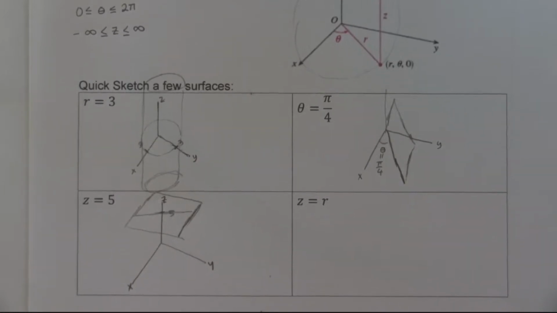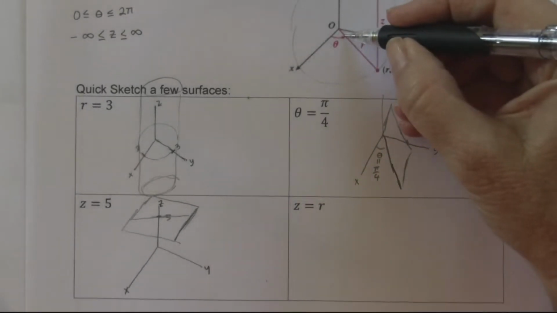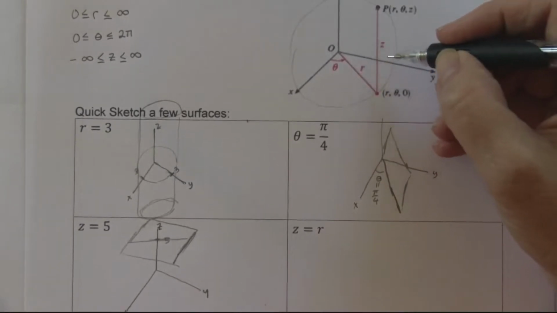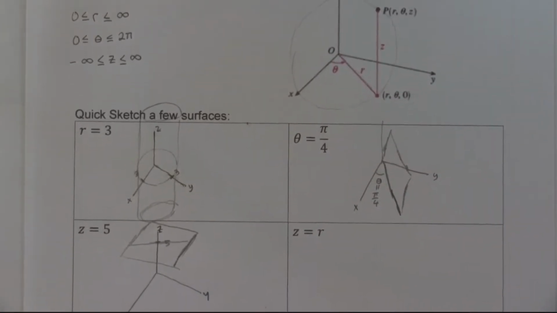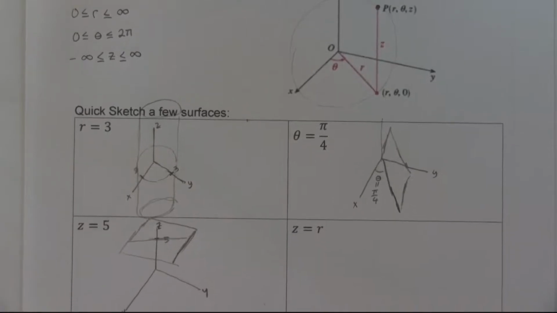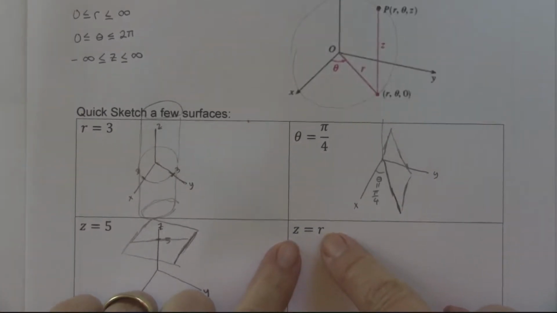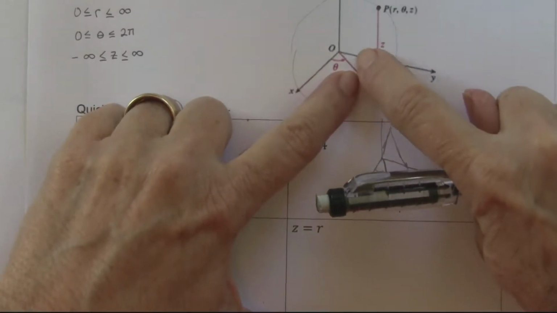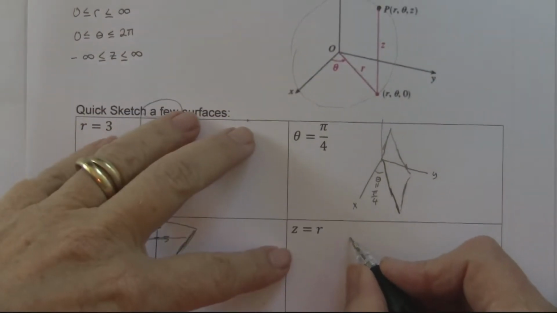z equals r, and so that means that z and r, so how far you are out and how far you go up, is exactly the same for every single point and every single theta. So theta can be anything. And so when these two have to be the same as one another, so how far I go out is exactly how far I go up, what that makes is a cone.